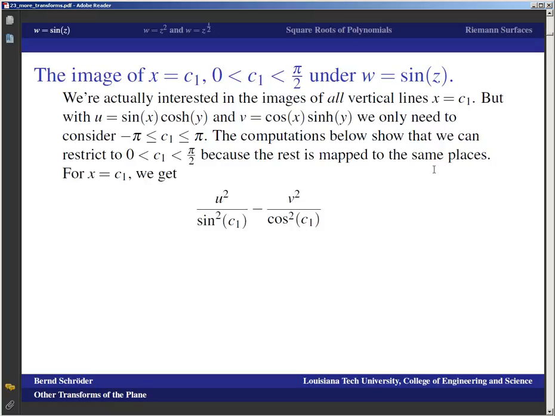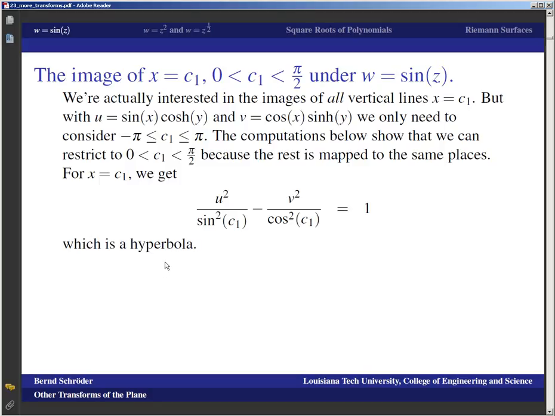So for x equals c1, well, what can we get? Well, we remember what the sine function looked like, right? It was sine x cosh y plus i cosine x sinh y. And so that means that u squared over sine squared c1 minus v squared over cosine squared c1, that's just cosh squared minus sinh squared. And we know that that's equal to 1.